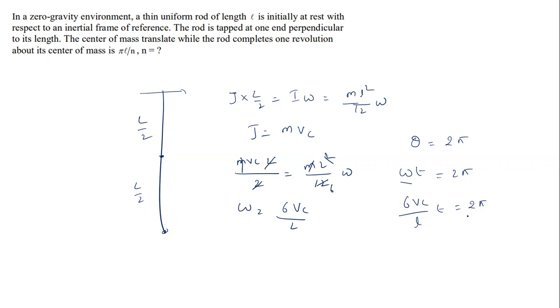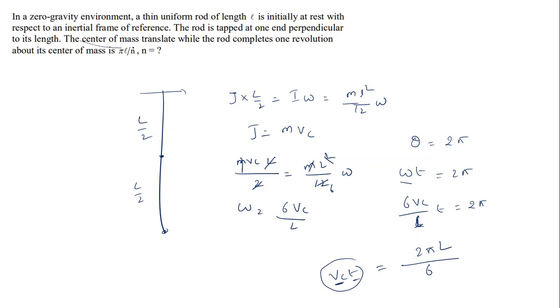So we need to rearrange this. The 6 goes to this side. 2 pi L, capital L or small l, both are the same. So 2 pi L by 6, and Vc into t, velocity into time, is the distance traveled by the center of mass.